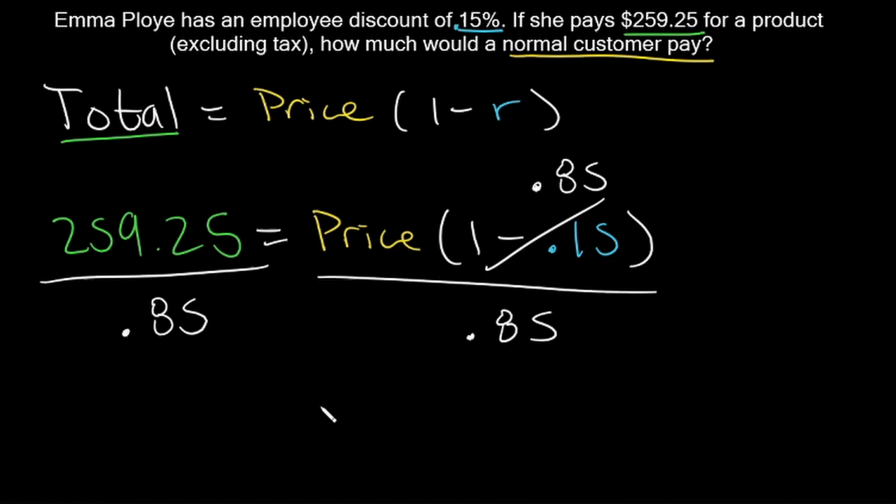And if we do that, our original price is going to be $305. So a normal customer would pay $305, but Emma Ploye pays $259.25.